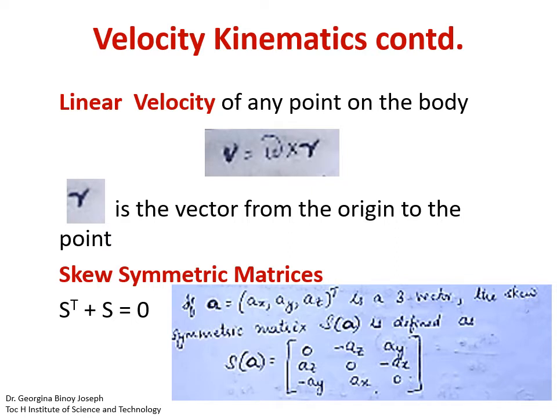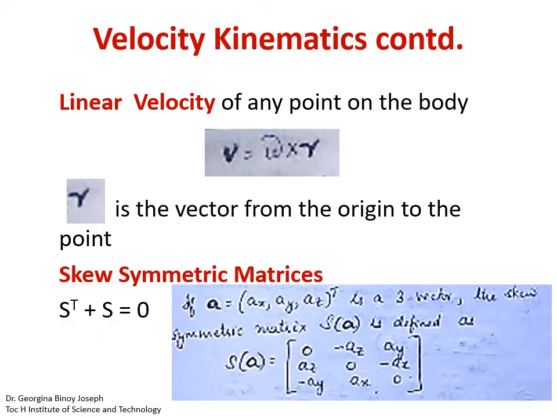Now another very important thing that we will be requiring in the velocity kinematics is the concept of skew symmetric matrices. As we all know, skew symmetric matrices obey the relationship S transpose plus S is equal to 0, where S is a skew symmetric matrix. So if you have a matrix S, and S transpose plus S is equal to 0, then it is a skew symmetric matrix.